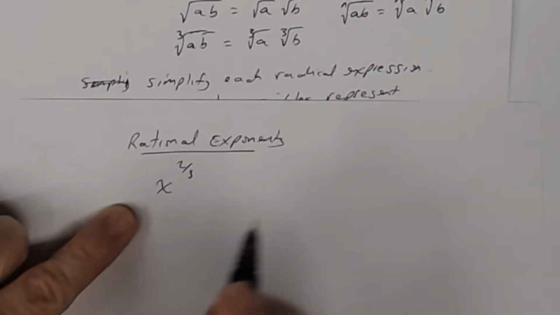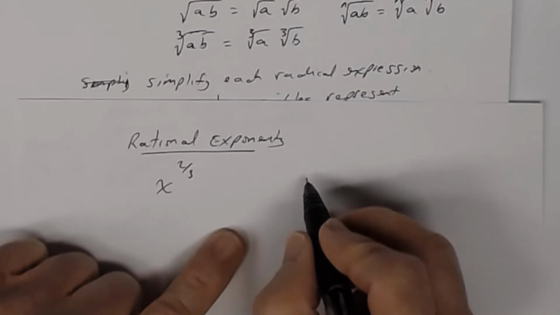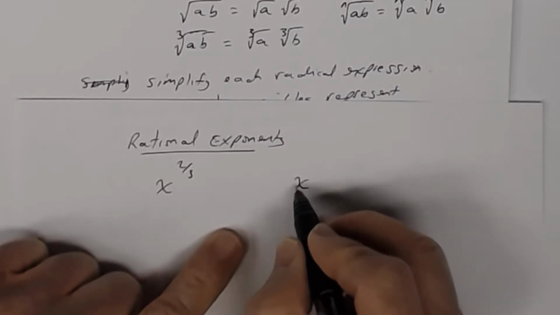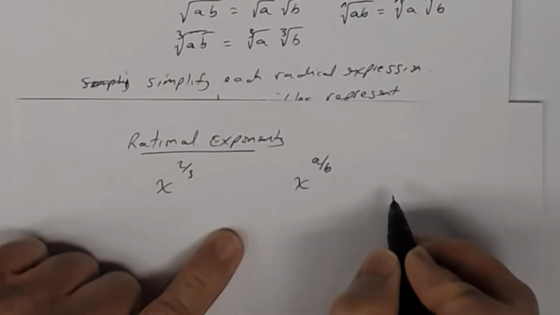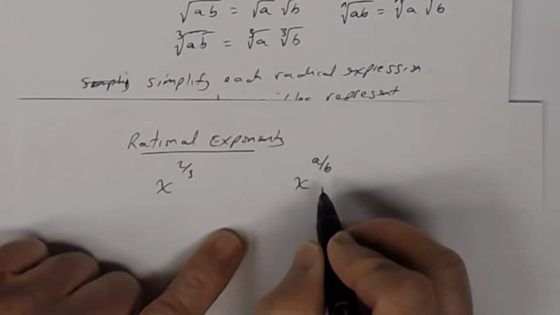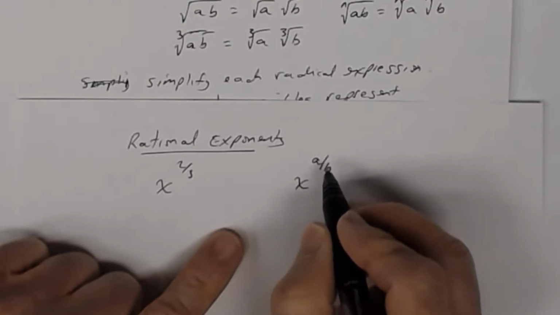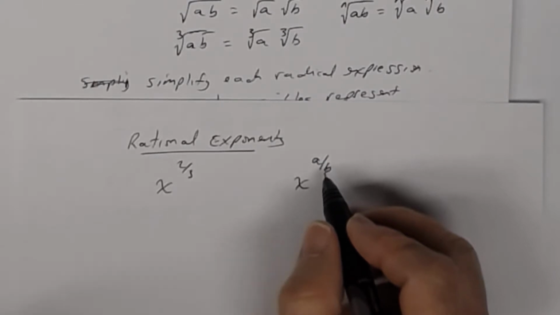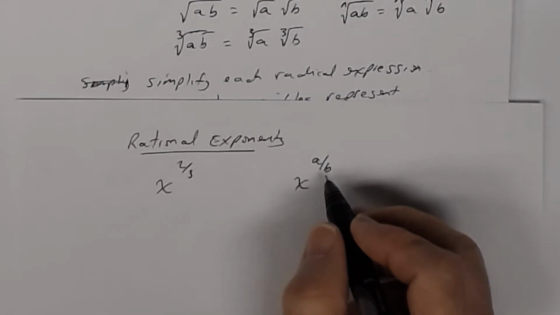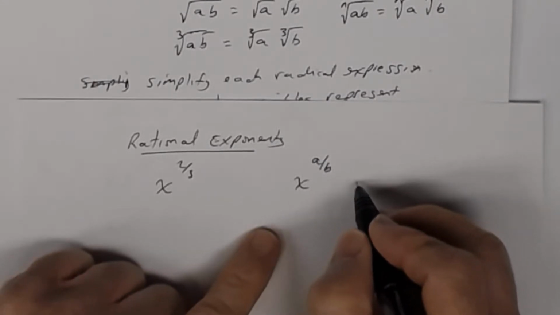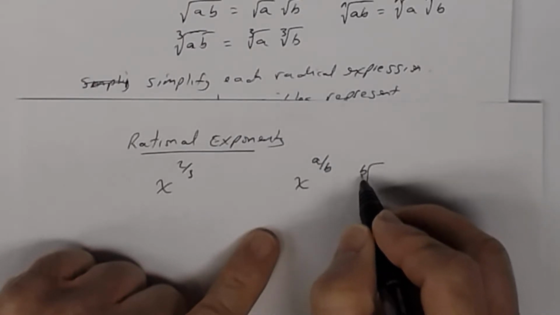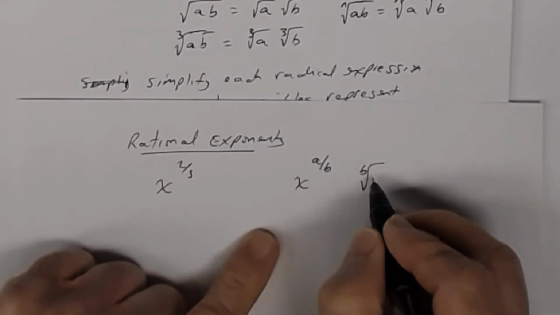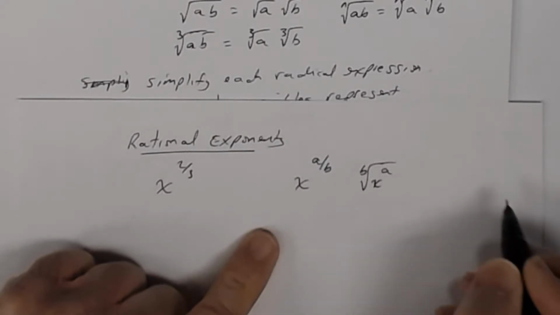If you have x to the a divided by b, assuming b is not 0 nor 1, I can rewrite this as the bth root of x to the a power, where the denominator is your index.